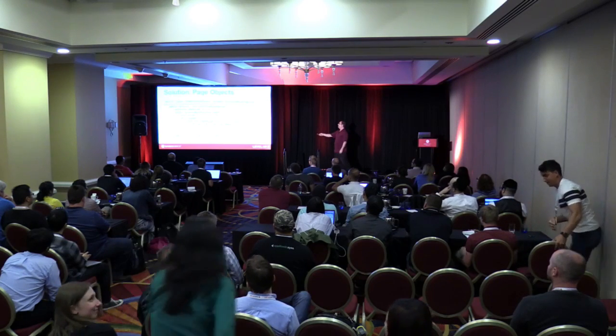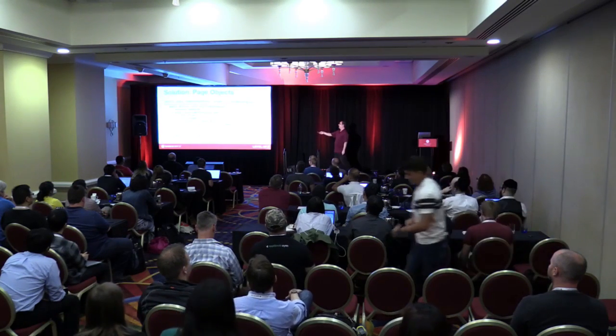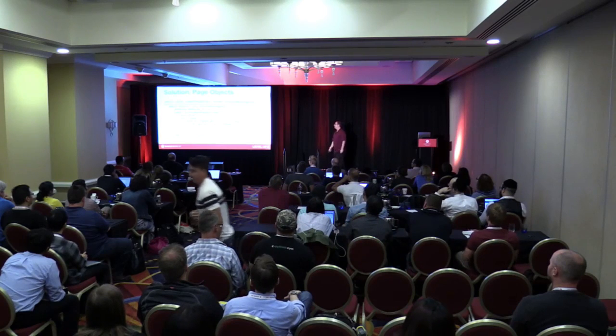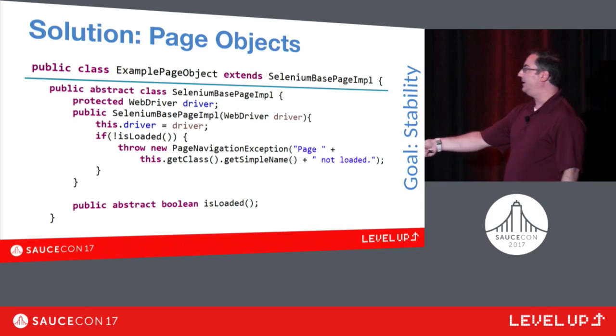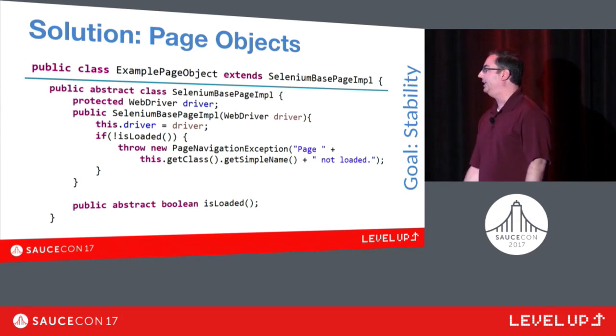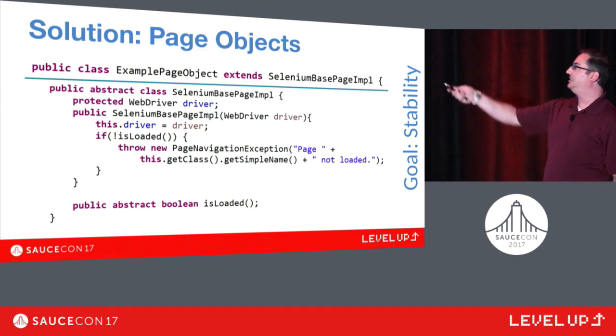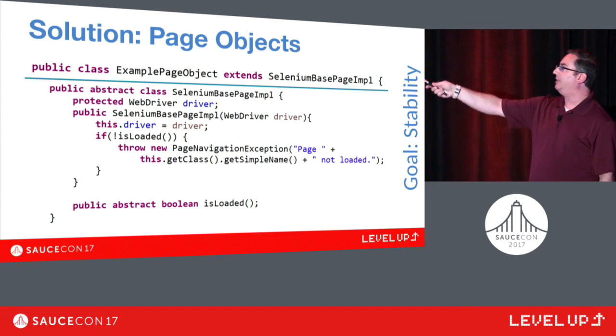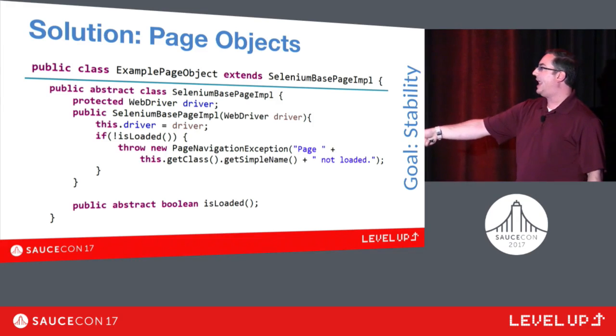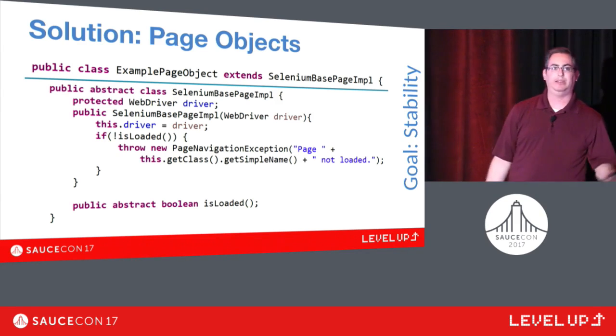Every single page object is going to extend or inherit from our Selenium base page impl. And the base page impl has this abstract method here for isLoaded, which guarantees that every page object that extends Selenium base page has to implement this isLoaded method, right? We saw that before.